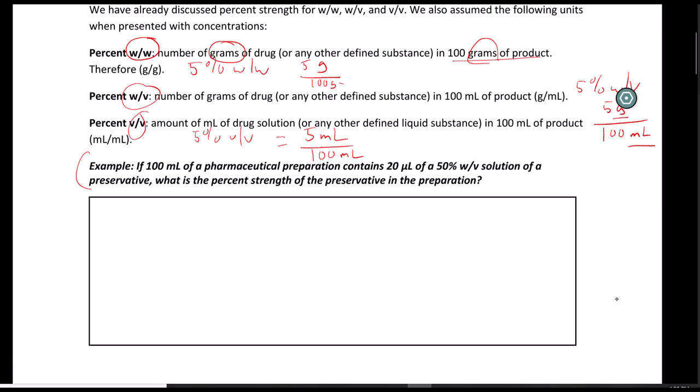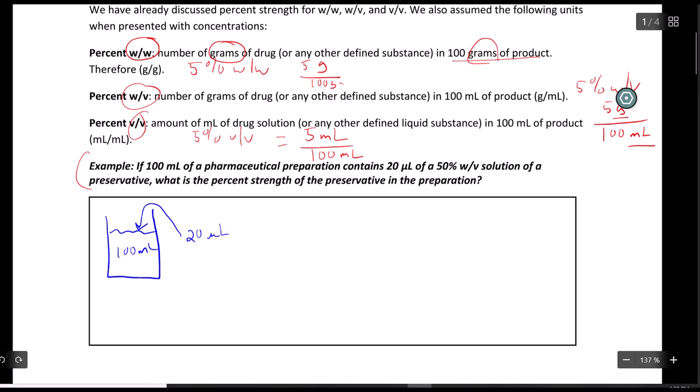What this question is saying is that you have 100 mLs of a pharmaceutical preparation, meaning 100 mLs of a drug liquid, a medicated liquid. And inside of this 100 mLs, somebody put 20 microliters of a 50% weight and volume preservative.